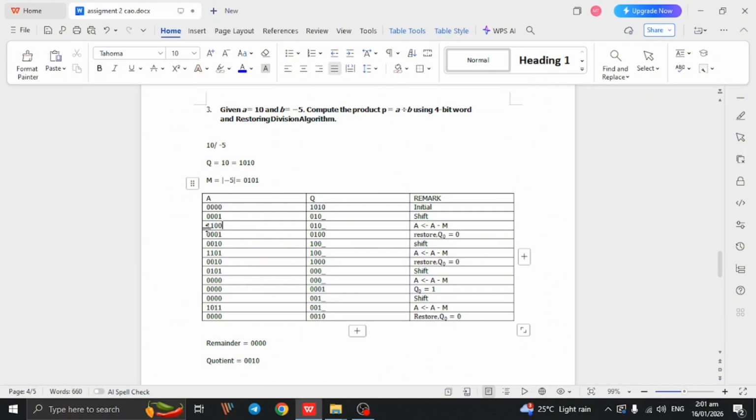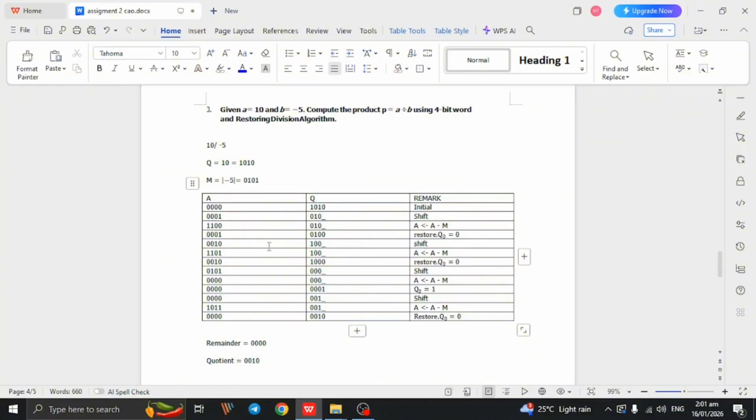Because the most significant bit is 1, we restore a back to the previous value, which is 001, and then q0 becomes 0. So the value of a is now 001, and q is now 0100. So that's the first cycle.